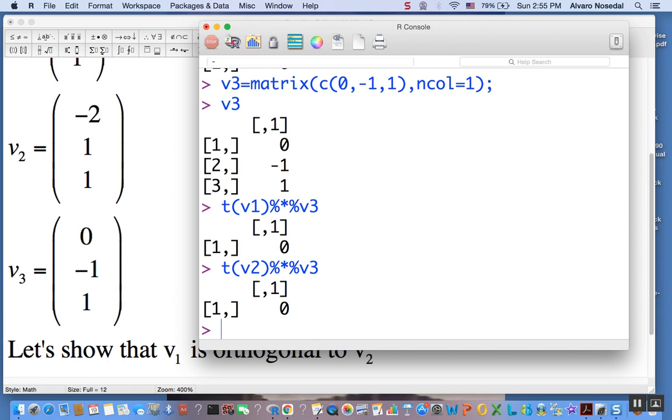So we have that the inner product between any pair of those three vectors is going to be 0. So they form a set of three orthogonal vectors, so they form an orthogonal basis in R3.